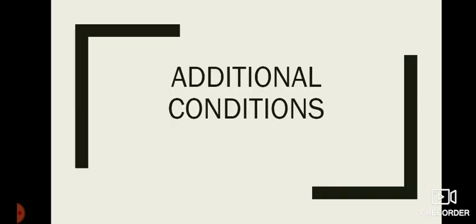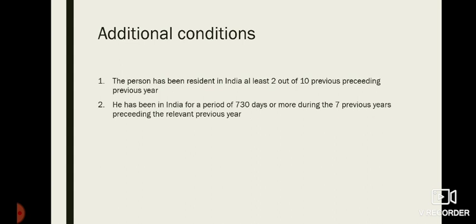Coming to the next part, additional conditions. We have 2 additional conditions. First one is a person has been resident in India in at least 2 out of 10 preceding previous years. Out of the last 10 preceding previous years, as we have calculated 4 preceding previous years, you are supposed to calculate the last 10, and out of those he has to be resident in India for at least 2 years.